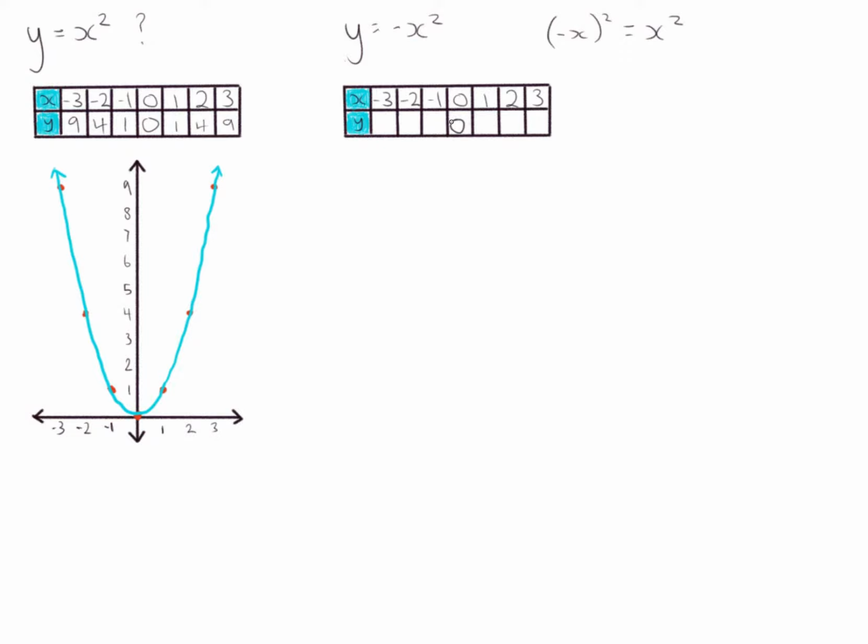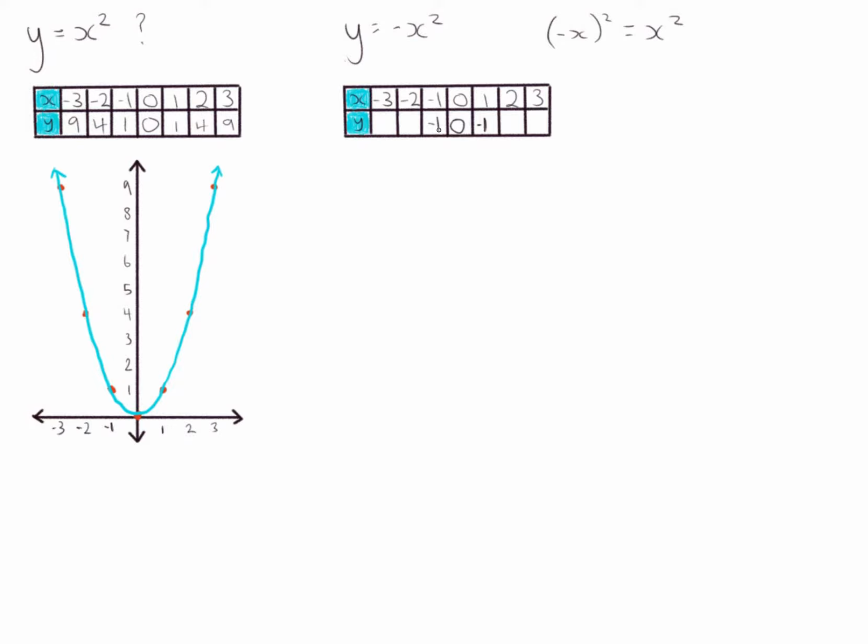Let's have a look at 1. When x is 1, x squared is 1, but now we have negative 1. And looking at x equals negative 1, from the last graph we know that negative 1 squared is 1, but we have the negative version of that as well, negative 1.